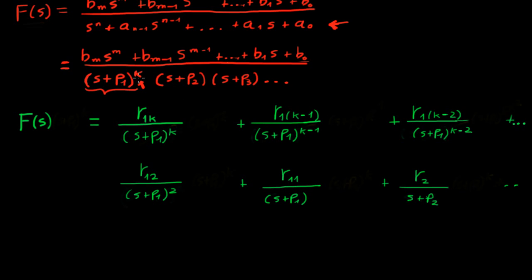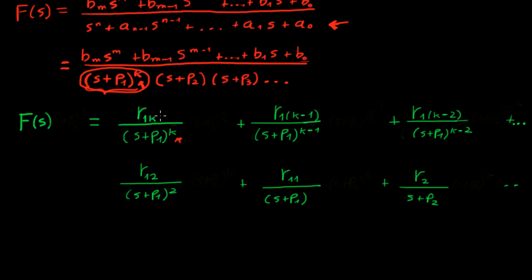And as you can see, the s plus p1 to the k term gives rise to k factors, each one with a different exponent in the binomial of the denominator. The first denominator is s plus p1 to the k, and its associated residue is r1k.